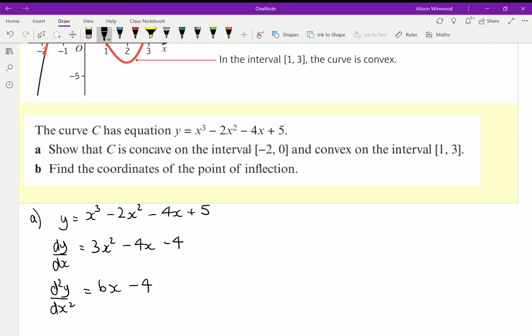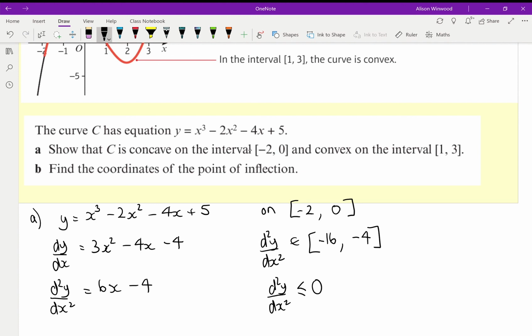So on negative 2 to 0, the second derivative, if we put in negative 2, we get negative 12, subtract 4, negative 16. And if we put in 0, we get negative 4. So the second derivative is between negative 16 and negative 4. So yes, it is negative. It's less than 0 for all those values, and therefore is concave.